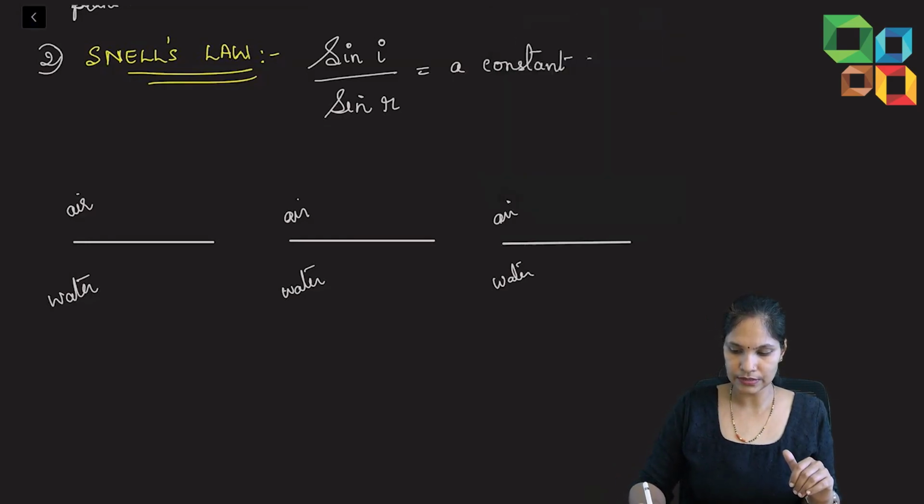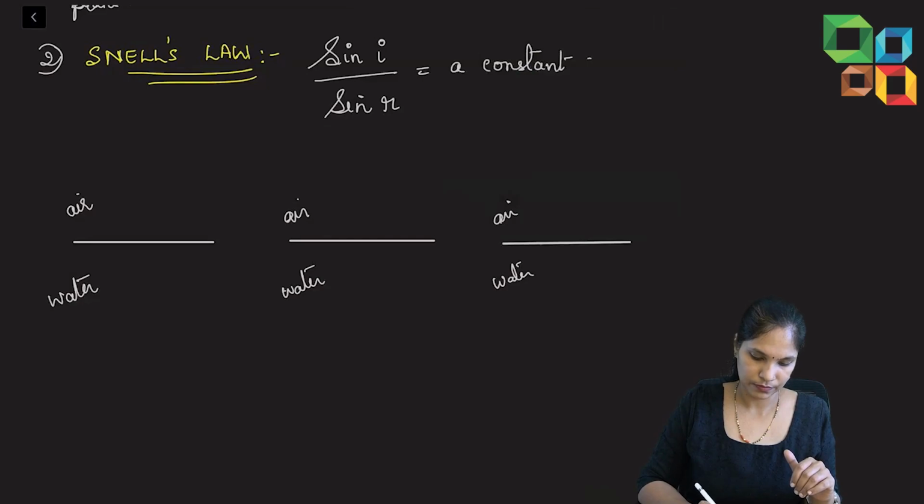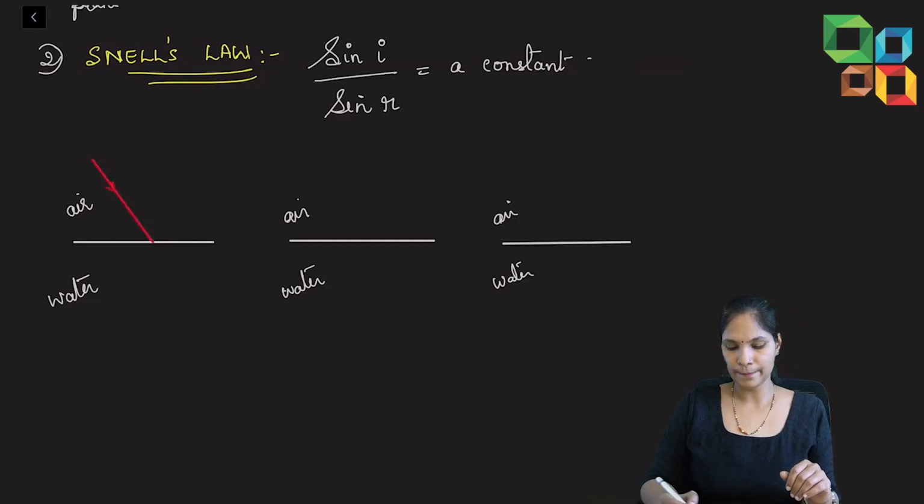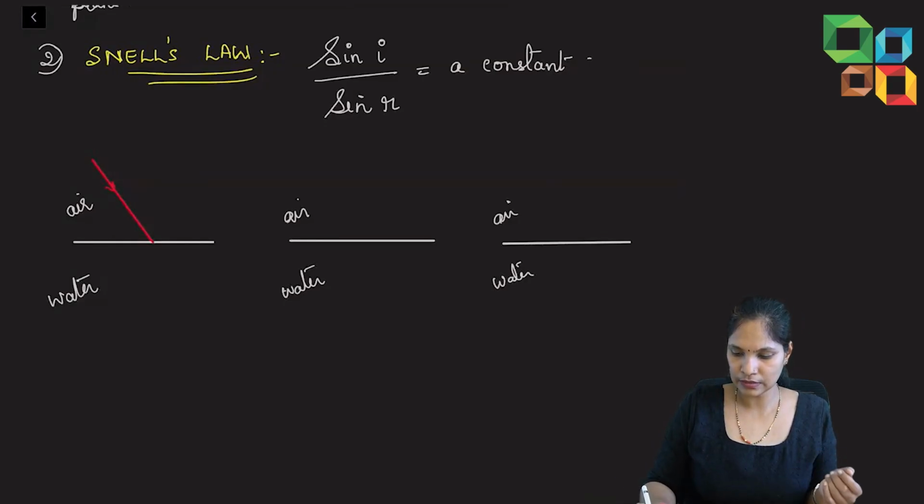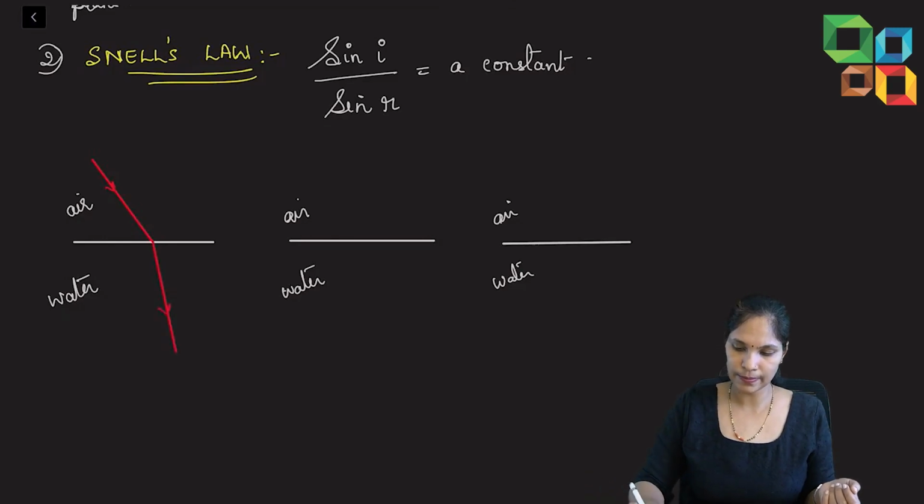In the first case, let us say light is incident this way, and obviously the ray is going from rarer to denser, so it will bend towards the normal like this. So in the first case, it's like this. Second case, I'll just increase the angle of incidence a little bit.